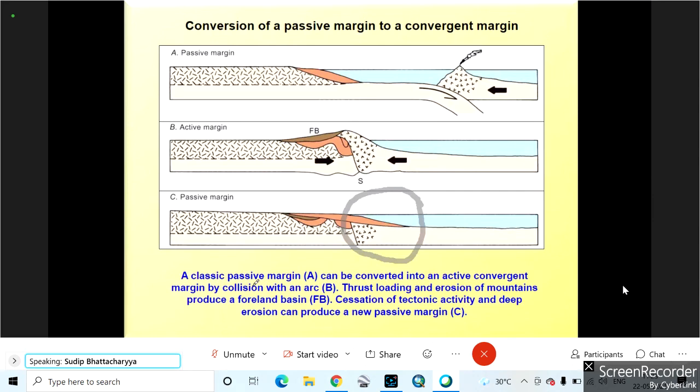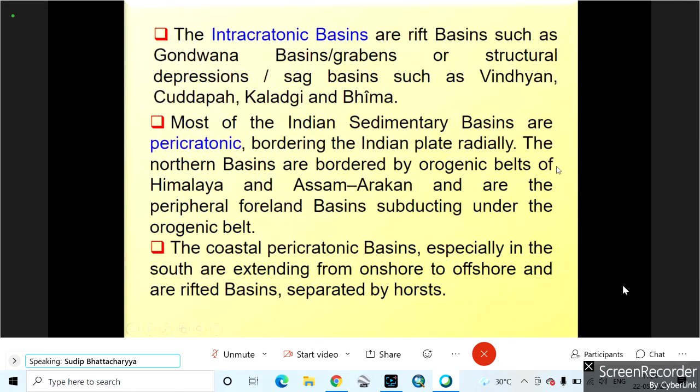This is very important, and it may have happened after an active phase; initially it may be passive, after that it is active, and then it is passive. Now we are seeing it as passive. So these offshore to onshore coastal pericratonic basins are mostly passive margins.